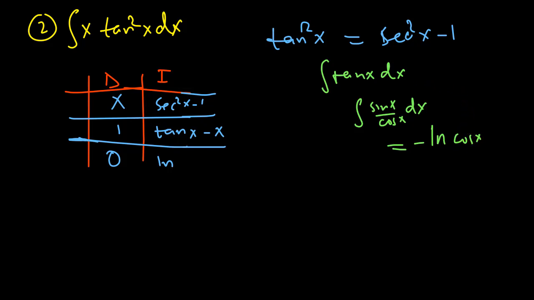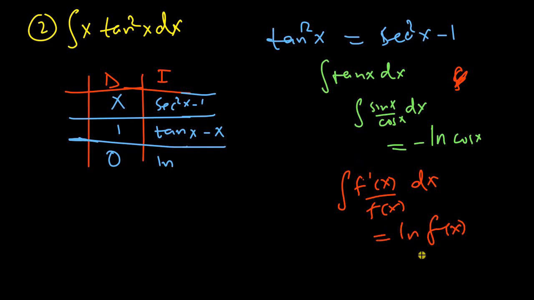It comes from the fact that if a function looks like this, such that the numerator is the derivative of the denominator, then the integral is always going to be the natural log of the denominator. The derivative of cos x is negative sine x, so that's why I put the negative here, to account for that. And so we end up with this negative natural log of cos x.